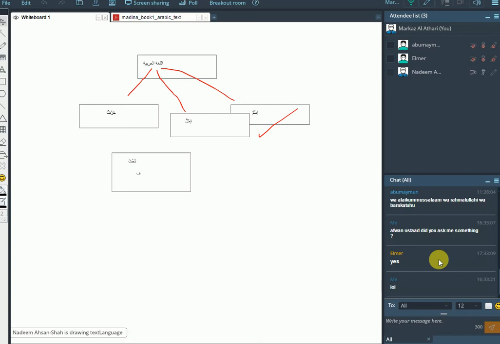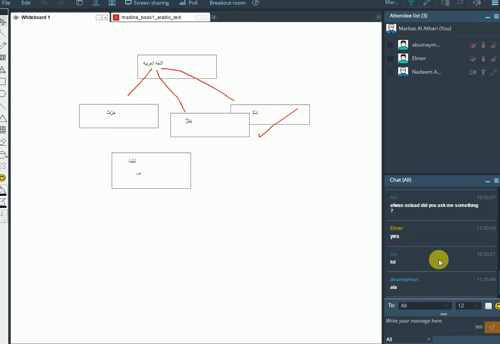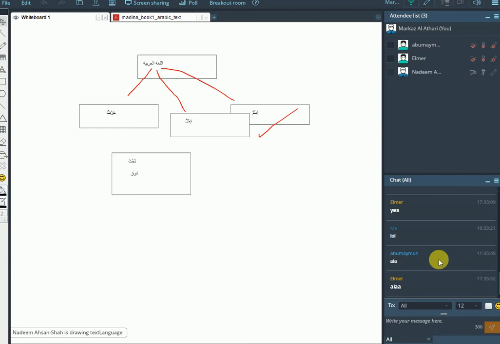Gotta be quick. Fawqa. Like besides. With.